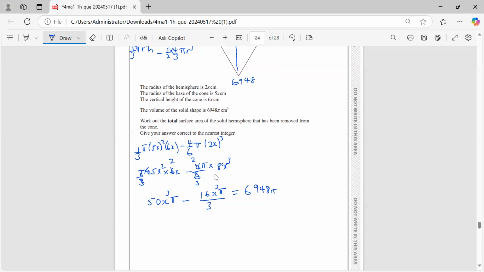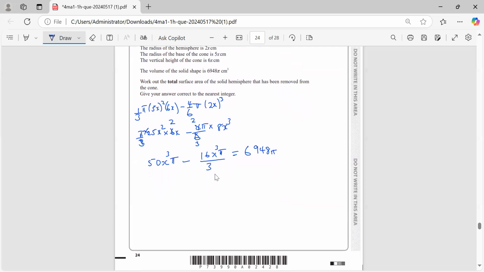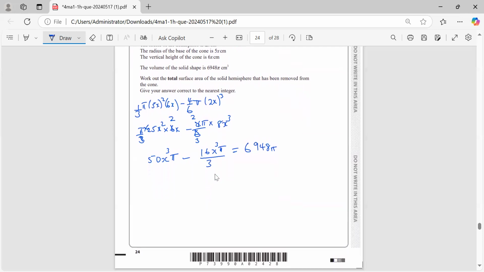So with this expression now, we can actually find the value of x.